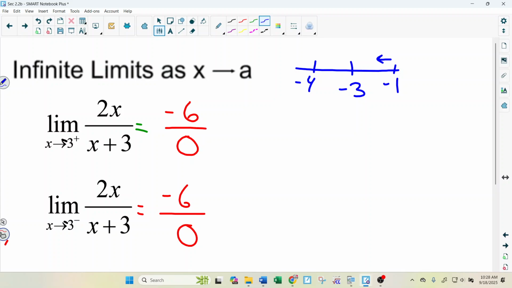So think about if you put negative 1 in here for x. Is that number positive or negative? Positive. If you put a negative 4 here, that is negative. So when you're trying to figure out if the 0 is positive or negative, just pick nice whole numbers on either side to do the quick math.